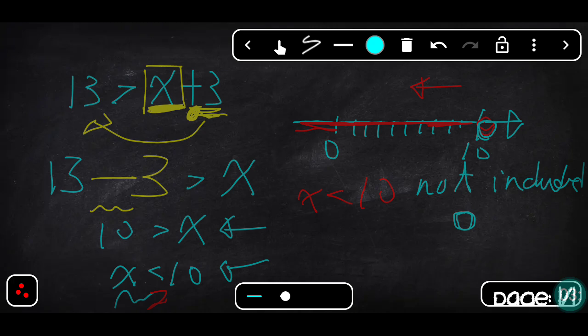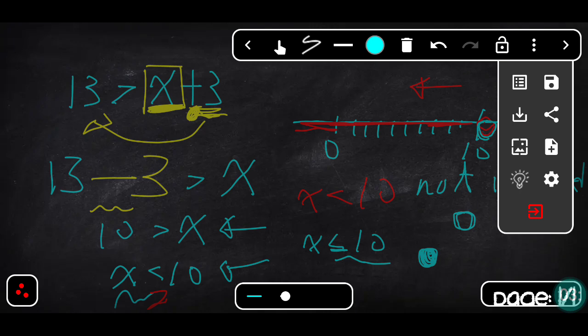What if, okay, suppose it's x less than or equal to 10. When we see equal sign here, then we know 10 is included, right? Suppose 10 is included, then we should use a solid endpoint.